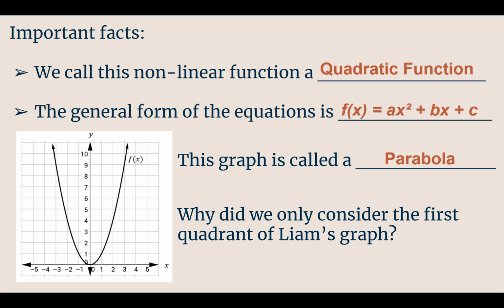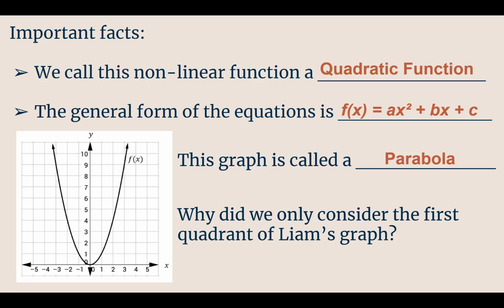So, Liam's graph. Why did we only look at the first quadrant? Look up here. On the graph on your paper, if this is a whole quadrant, it only showed us quadrant 1. How come it didn't show any of the other pieces of the graph? You can't throw a negative.